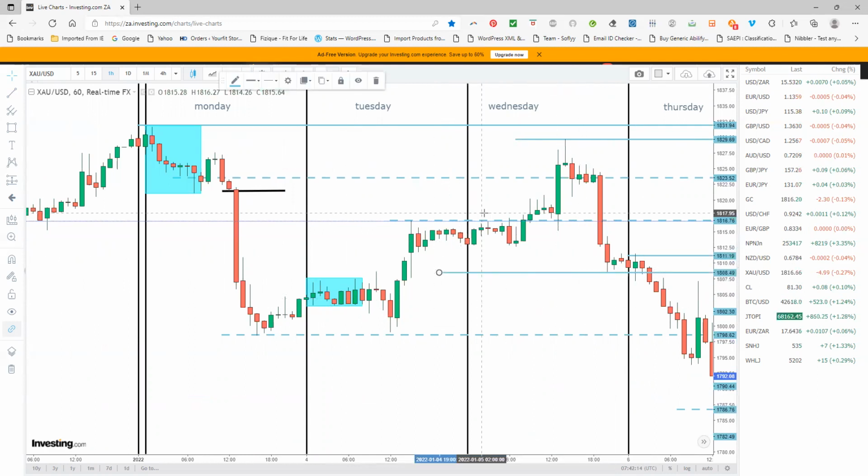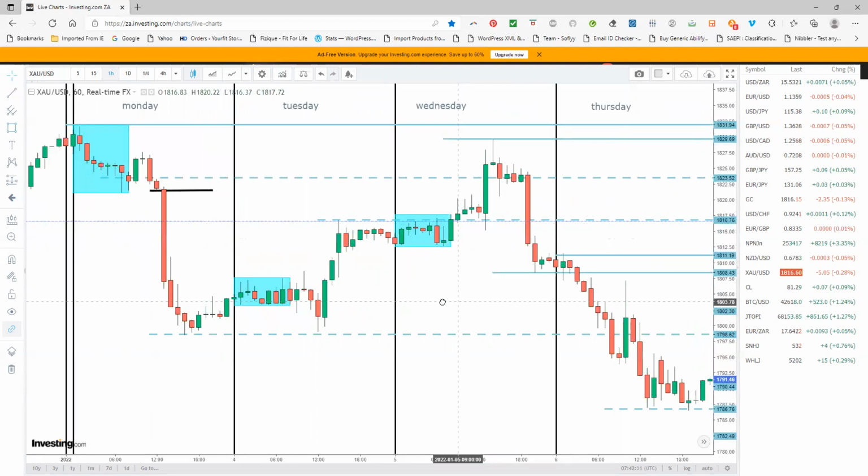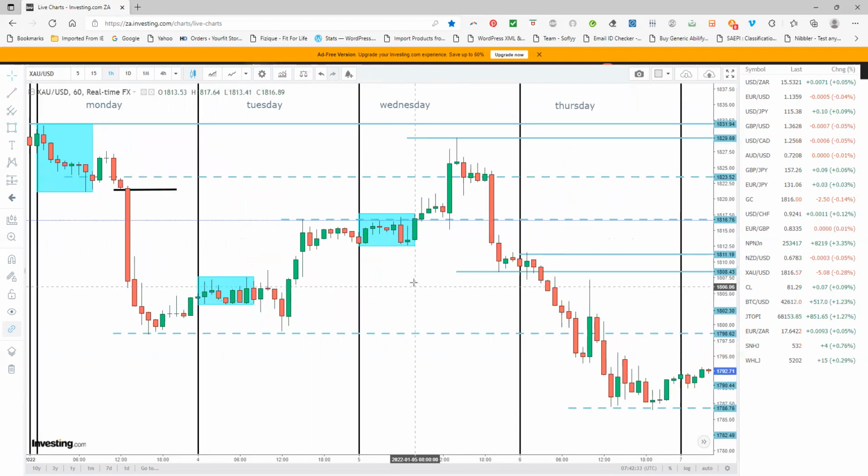What did I do? That's a no. Right. We're going to have a look at the Asian session for Wednesday. That was the 8th candle. Right. So what happened? Price did a stop hunt. It dropped down to the middle and then knocked everybody out to create a high.